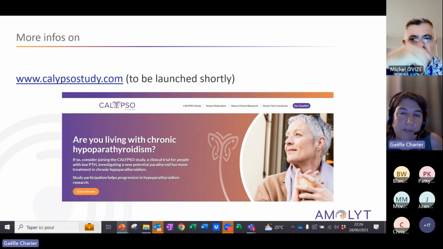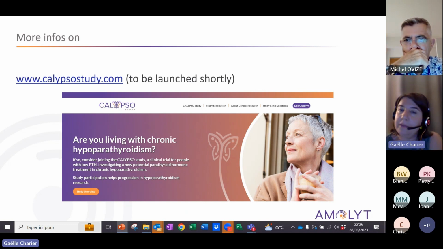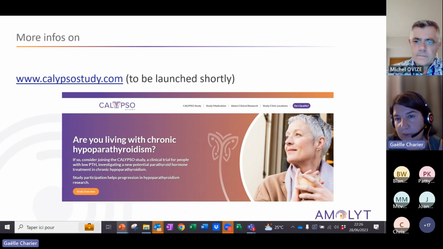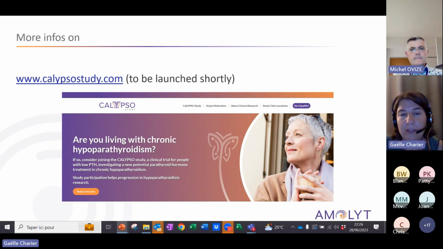If patients have never participated in clinical research, there will be information about what a clinical study is, and as soon as we have sites that are activated, it will be possible also to see which study clinic locations are open for recruitment. Initially there will not be many, as you've seen, but it will grow over time. And you can contact the site via this website.